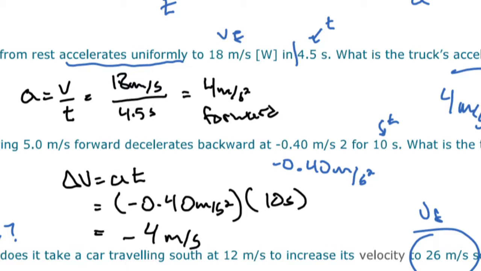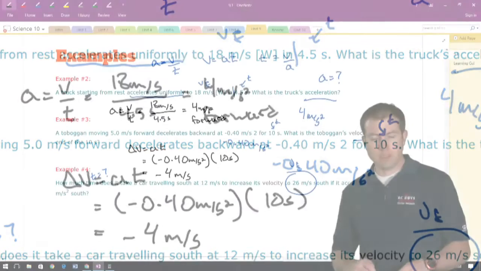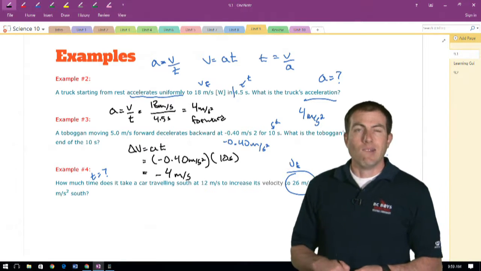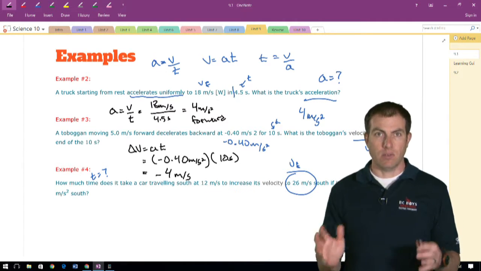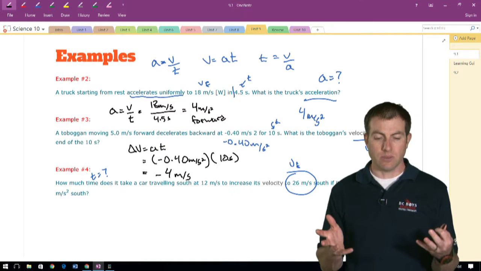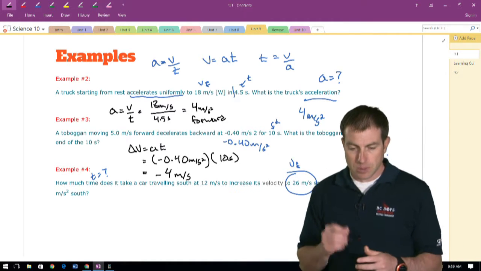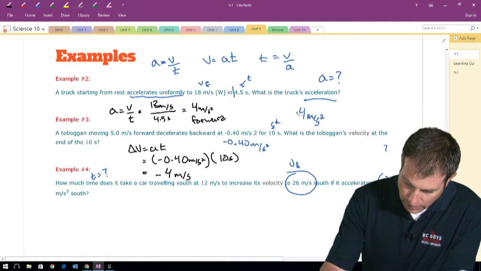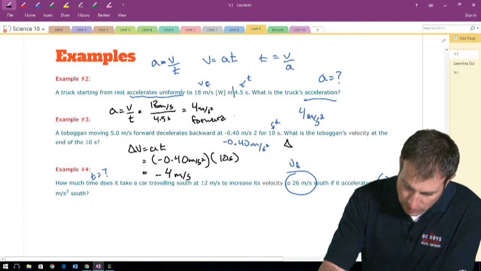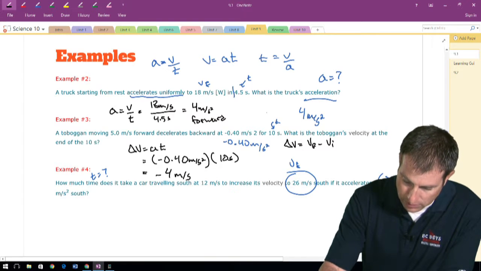meters per second. All right, so this is where this question gets a little bit confusing, because we've now found the change in velocity. We know that the velocity is changing by negative 4 meters per second. So it's kind of a two-stepper. And I know that the change in velocity is going to be the final velocity minus the initial velocity.